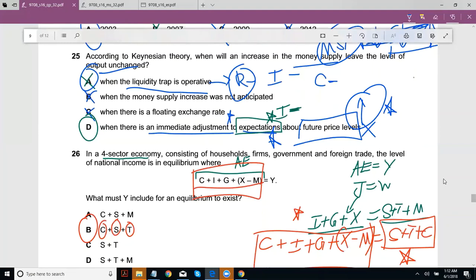If households believe that inflation will come later on, they're likely to bring their consumption forward, their expenditure forward, and so consumption would increase in the short run, and obviously that would then increase aggregate demand, and so output would increase.